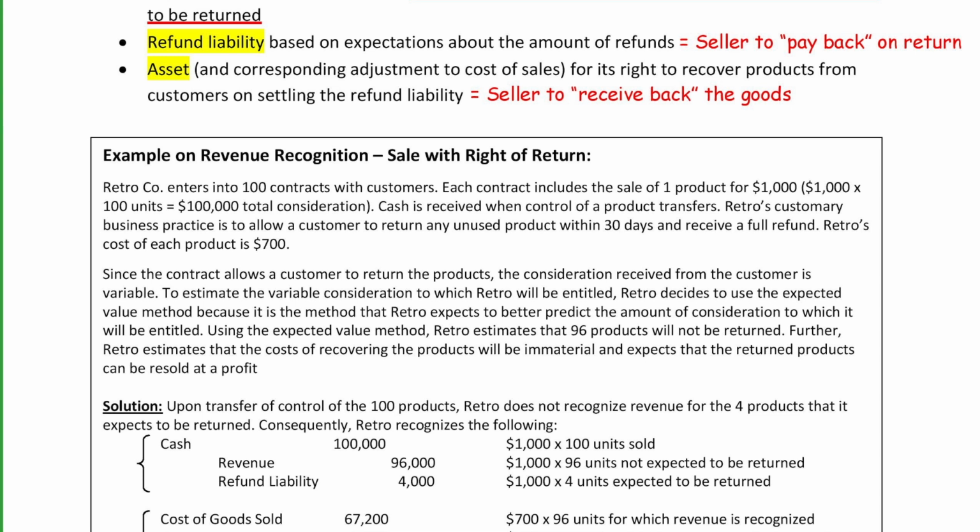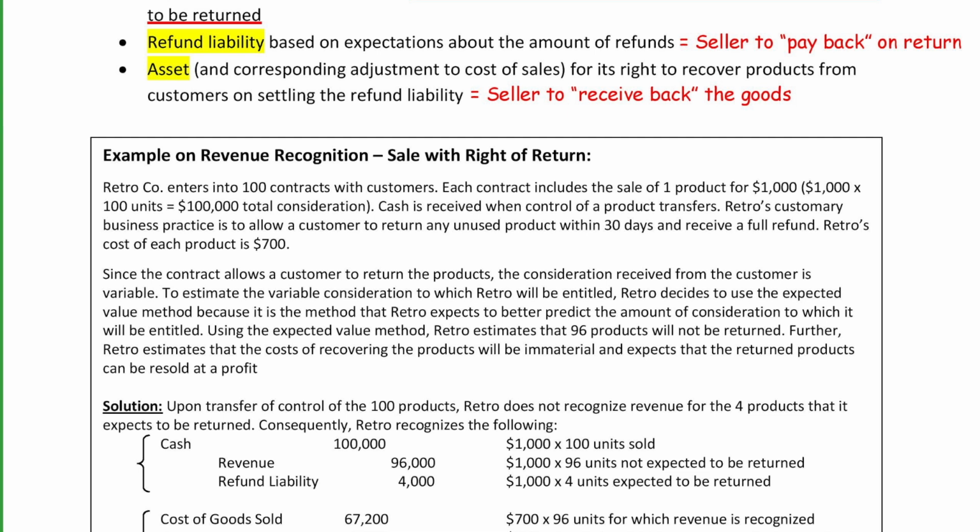Cash is received when control of a product transfers. And Retro's customary business practice is to allow a customer to return any unused product within 30 days to receive a full refund. Retro's cost of each product is $700.